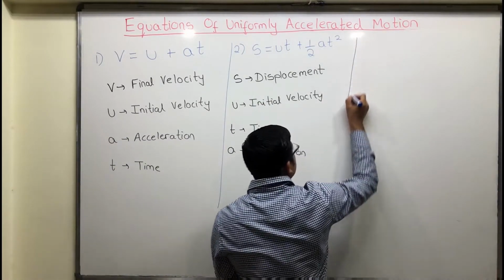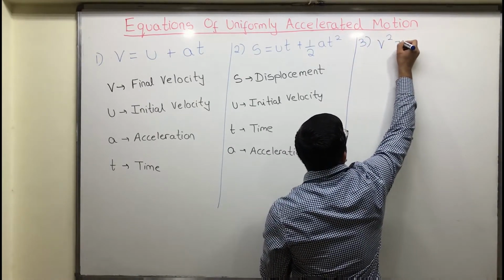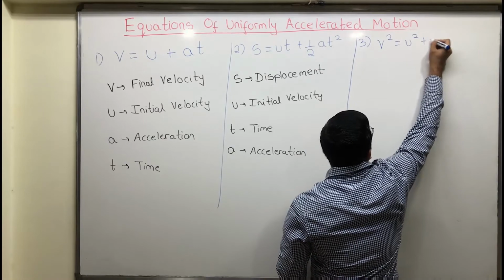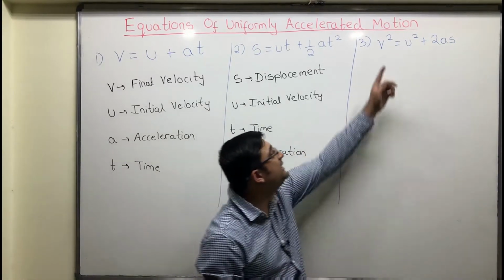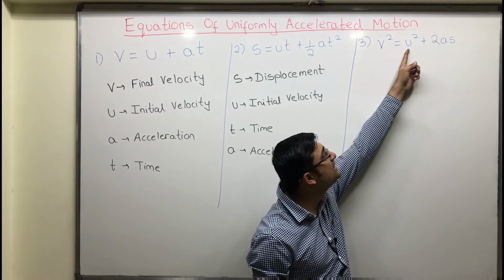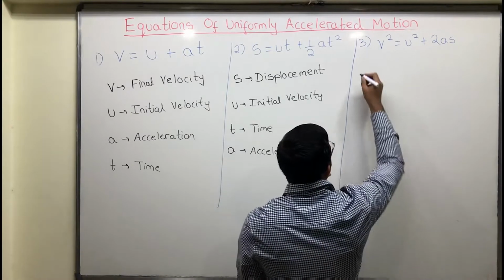Now the final equation of motion, that is the third equation of motion, V square is equal to U square plus 2AS. Again we have four variables. Here V is final velocity, U is initial velocity, A is acceleration, S is displacement. So we write it down.